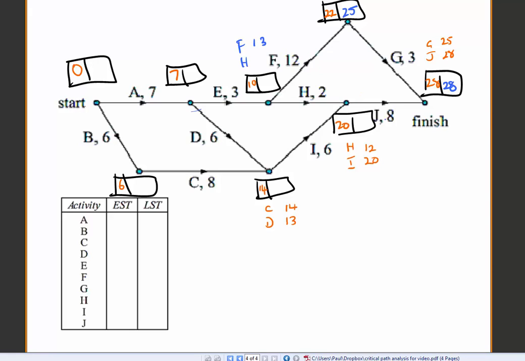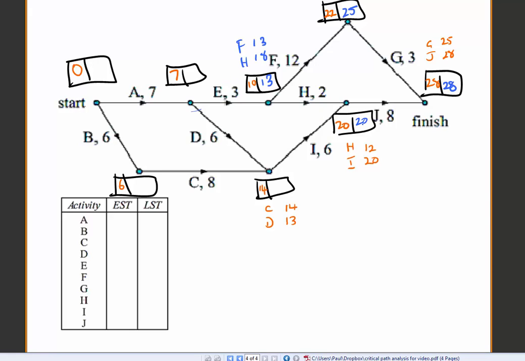Now let's do J, so I can do H. So it's 28 take away 8 is 20. Oops, hello critical path. And now I've got 20 take away 2 is 18. Okay, when we've got two candidates, smallest value goes in the box in the back scan. So I write down 13 there.